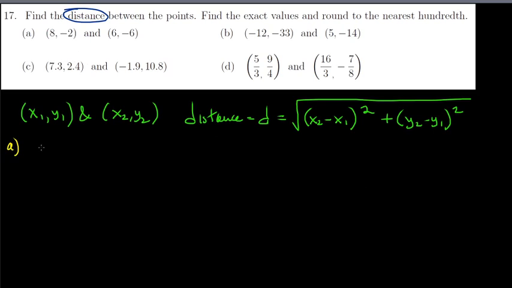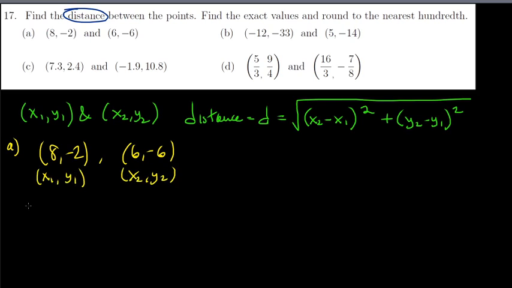So for part A, we have 8, negative 2, and 6, negative 6. So x1, y1, x2, y2, right? So x1 is 8, y1 is negative 2, x2 is 6, and y2 is negative 6. So just plug these numbers into the formula here, right?